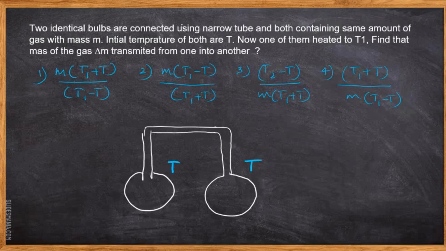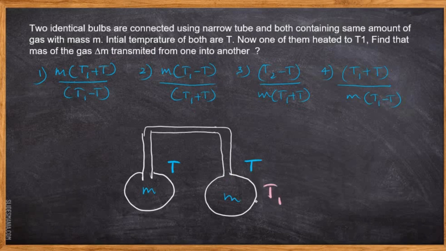Two identical bulbs are connected using a narrow tube, both containing the same amount of gas with mass m. So m and m, with initial temperature of both T. Now one of them is heated to T1. Find the mass of the gas delta M transmitted from one into the other. So we need to figure out why.